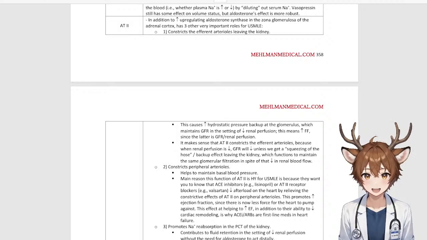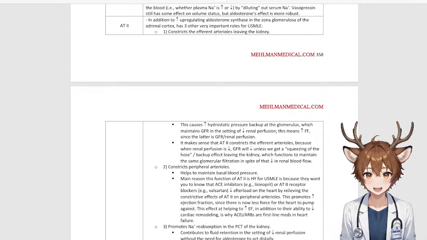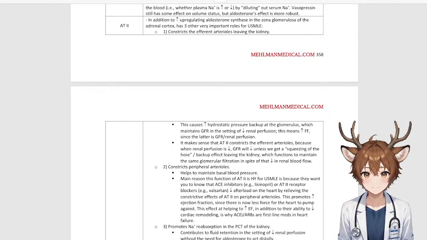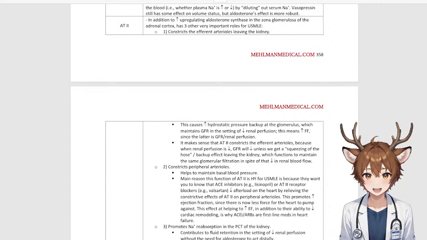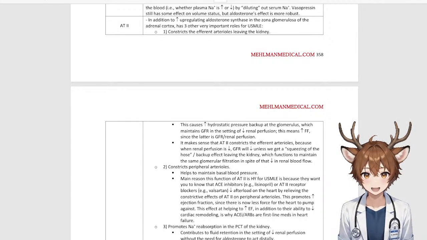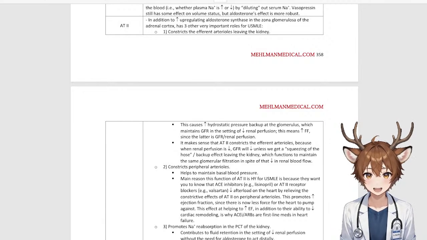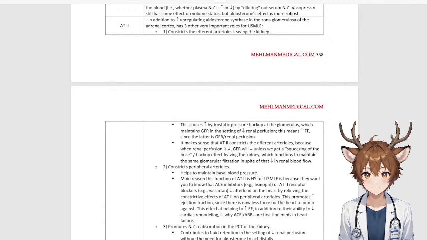This promotes an increase in ejection fraction since there is now less force for the heart to pump against. This effect helps increase the ejection fraction in addition to their ability to decrease cardiac remodeling. This is why ACE inhibitors and angiotensin receptor blockers are first-line medications in heart failure.